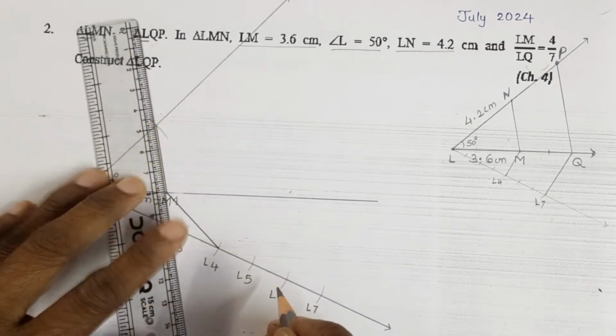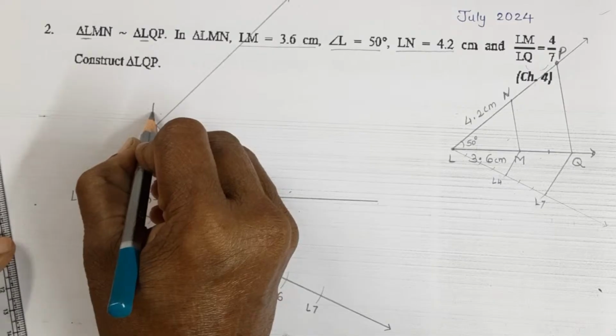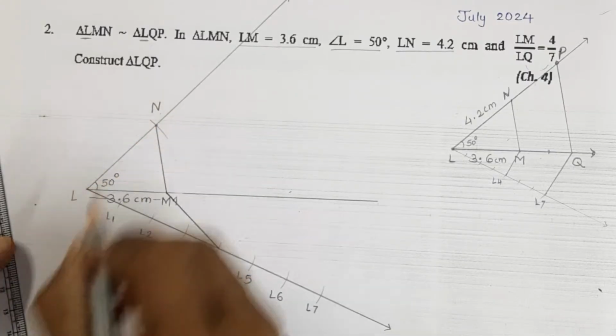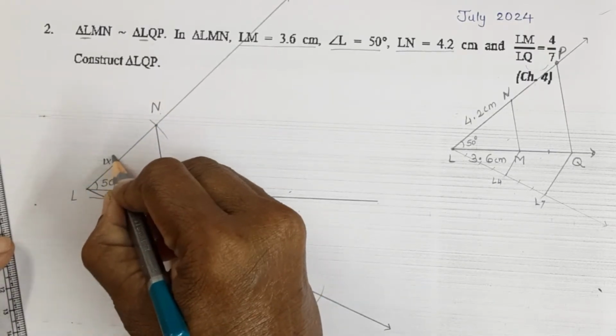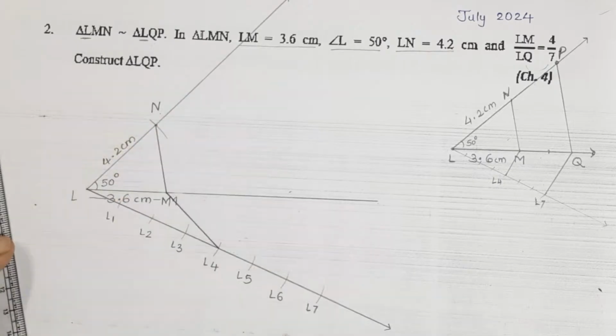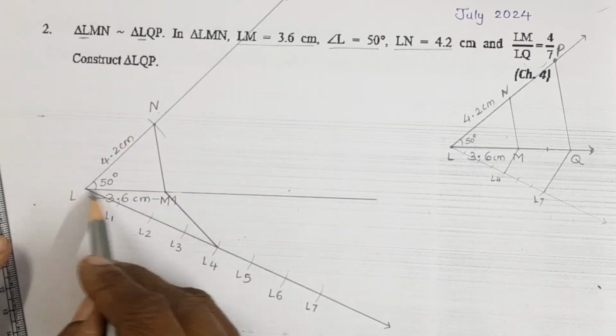So now students, this is the triangle element, with proper measurement. This is the triangle element.